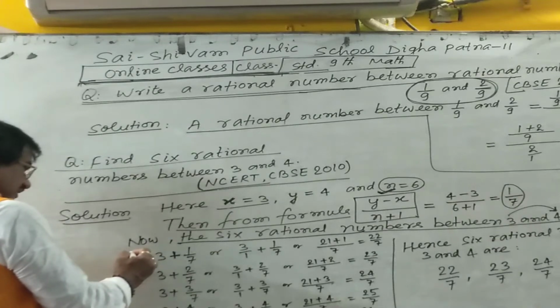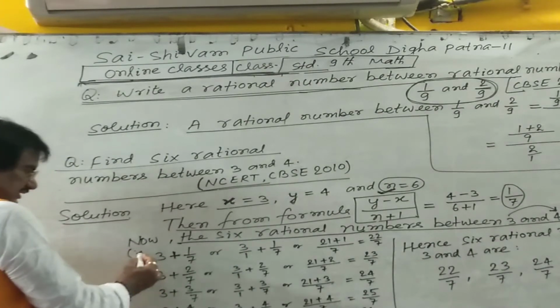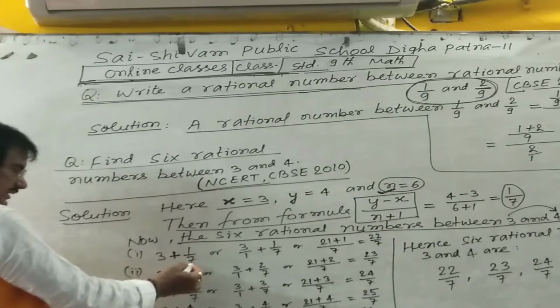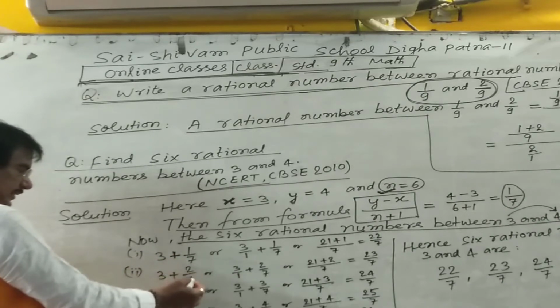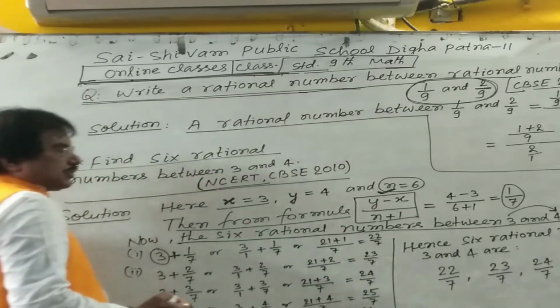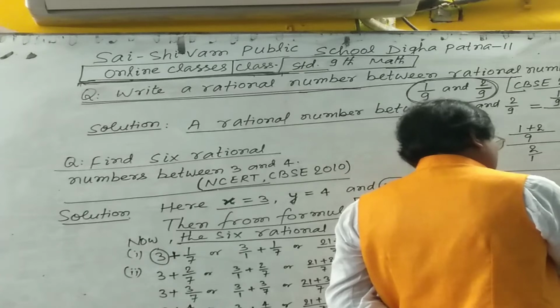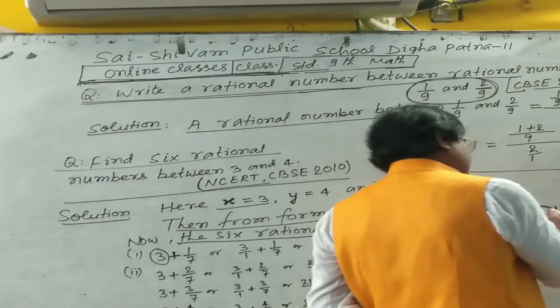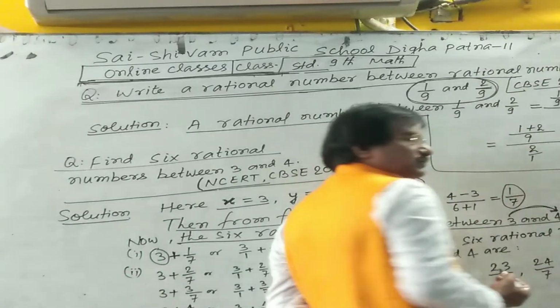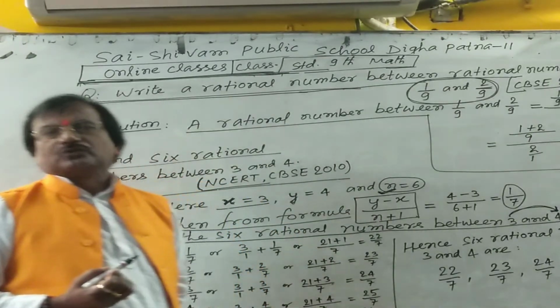First rational number is 3 plus 1/7, second 3 plus 2/7. 3 remains because you have to get rational numbers between 3 and 4.